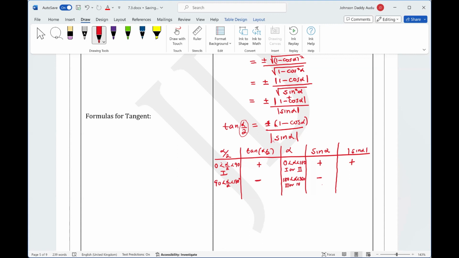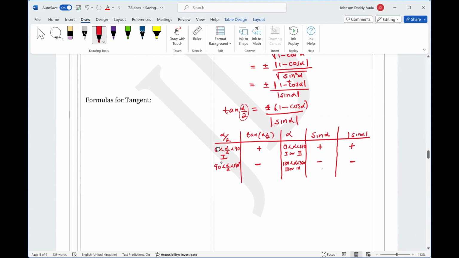The absolute value of sine alpha is going to be negative, so you will have negative canceling negative, because you have to bring the negative outside, which will cancel the negative coming from tan alpha over 2. So in other words, the negative here will cancel the one coming from the numerator.